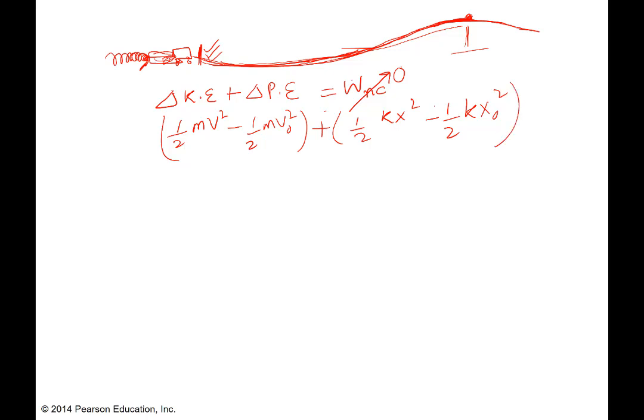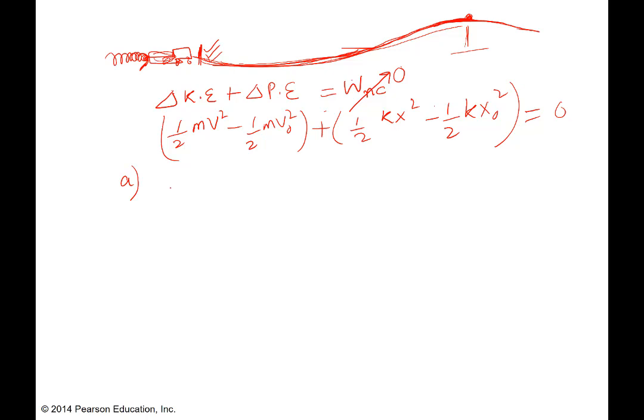You could also write all the initial quantities on one side and all the final quantities on the other side. But for part A, he's asking you to find out, initial height is 0, final height is also 0.